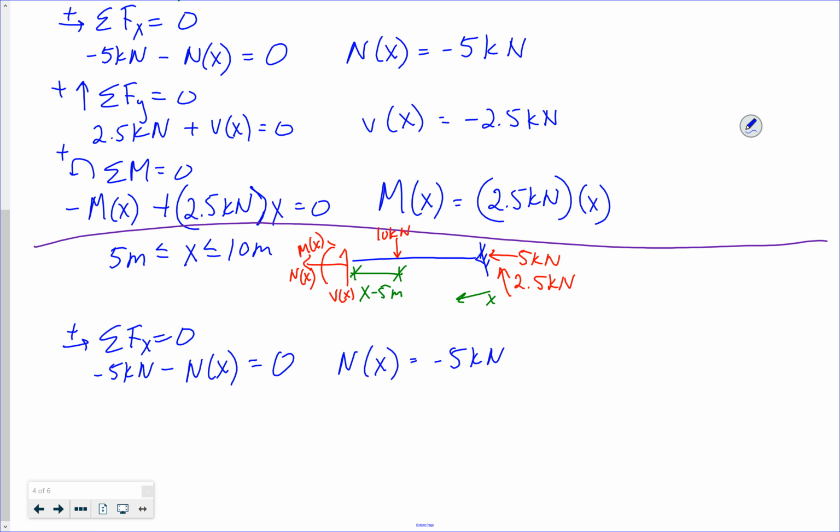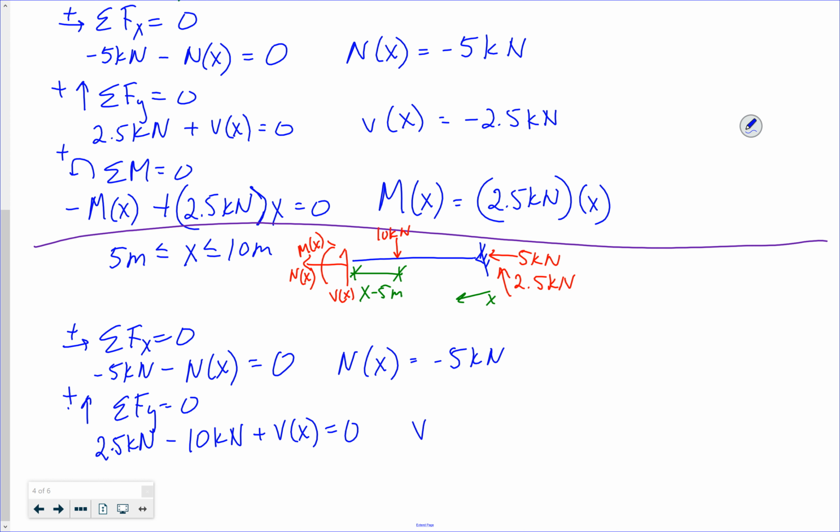Then I take the sum of the forces in the y direction, acting up is positive. I've got my 2.5 kilonewton reaction acting up, my applied load of 10 kilonewtons acting down, and my shear force, or shear function, acting up.